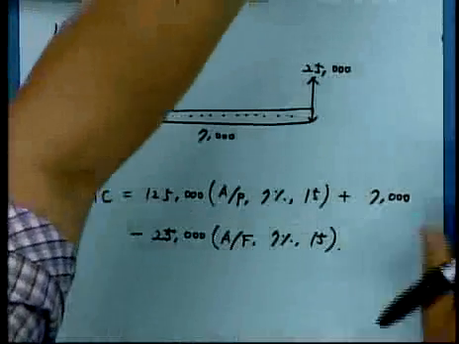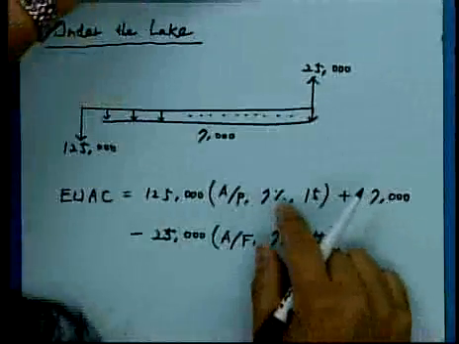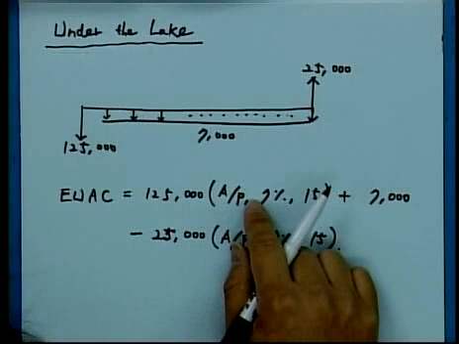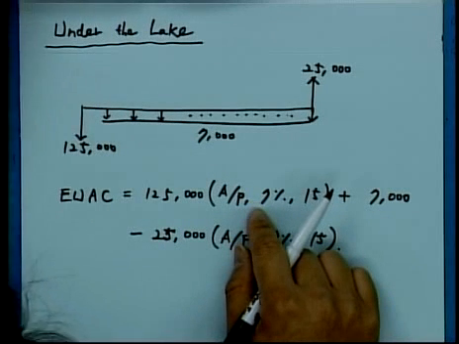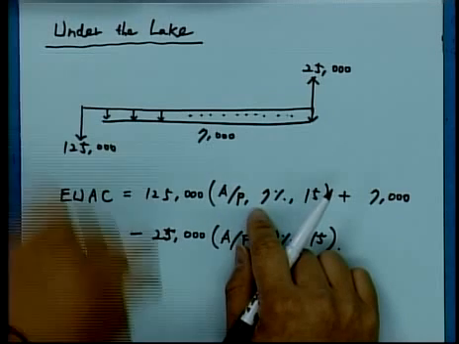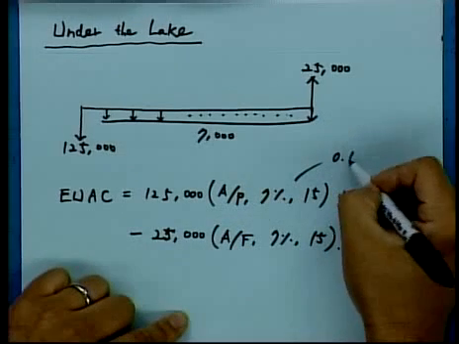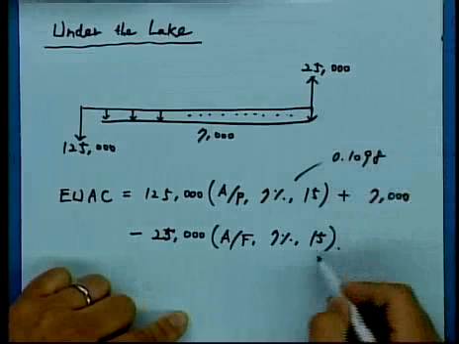So what are these numbers? A given P over 15 periods is 0.1098. How about this?